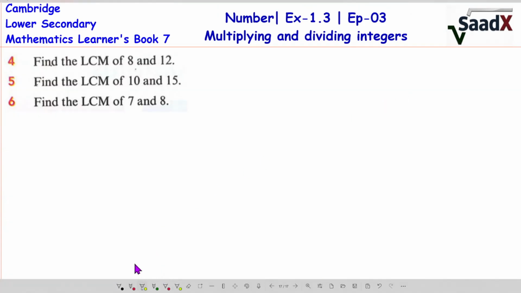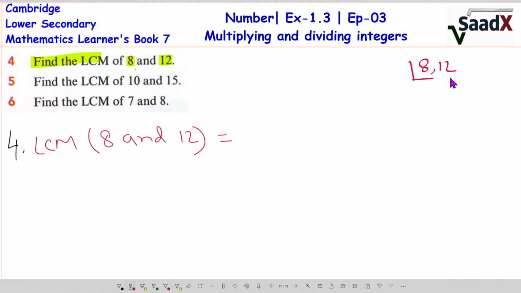Number 4. Here it is mentioned, find the LCM of 8 and 12. So we can write LCM of 8 and 12 equals. Several ways we can solve our problem. 8 and 12 we can divide by 2.